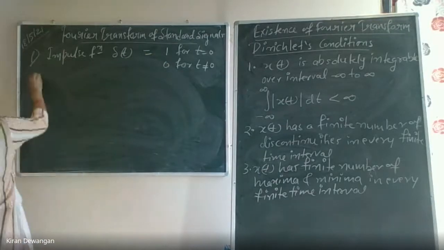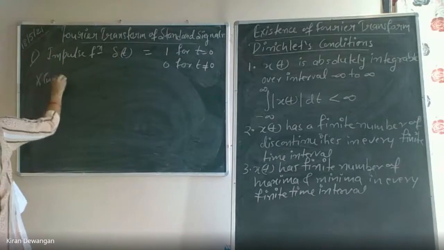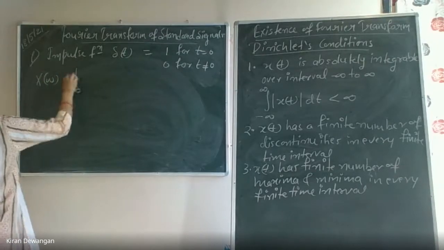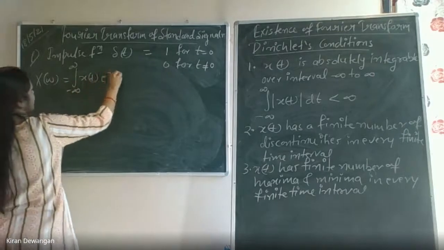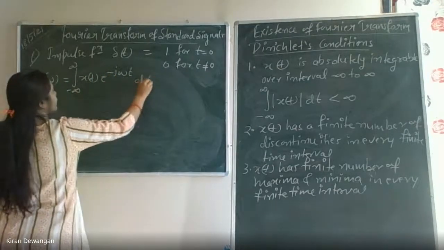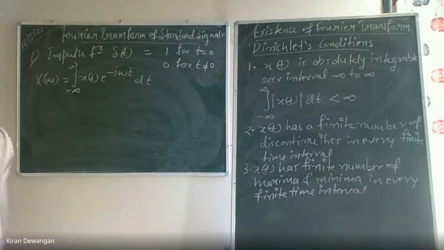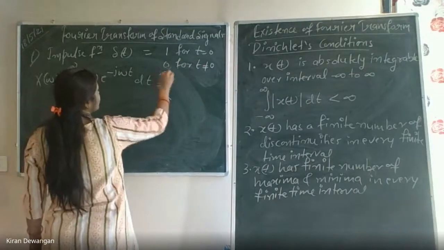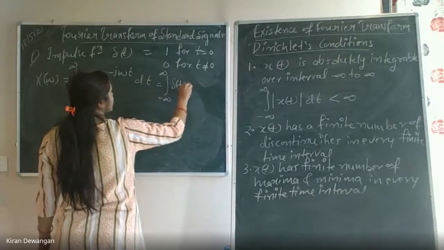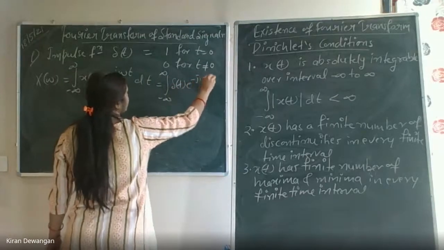Now we have to find the X(omega) of it, and what is the formula? It is the integral from minus infinity to infinity of x(t) e to the power minus j omega t dt. Now here we put del(t) in the formula. This will be the integral from minus infinity to infinity of del(t) e to the power minus j omega t dt.